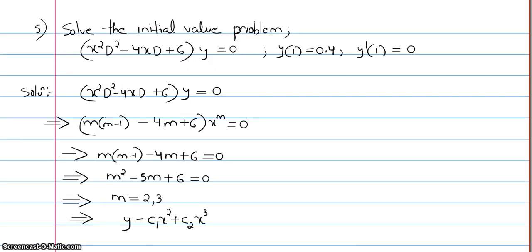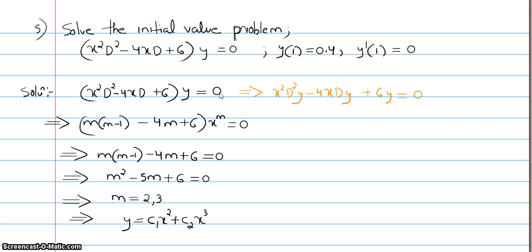The next one is an initial value problem. So here we have to find the values of the constants a and b also. So first find the general solution. The given differential equation is x square d square y minus 4x dy plus 6y equal to 0.